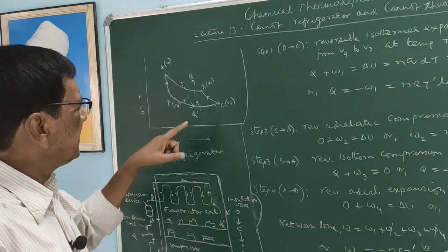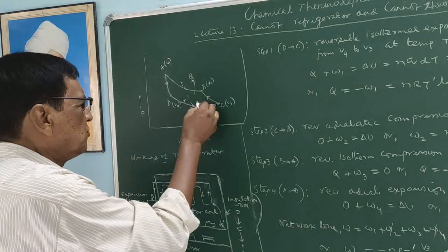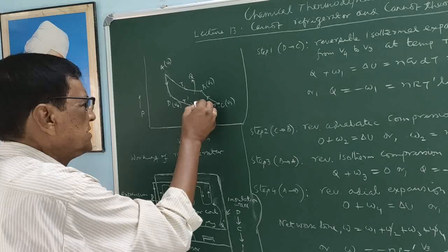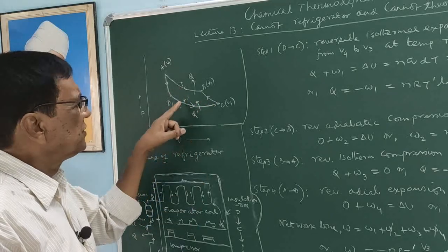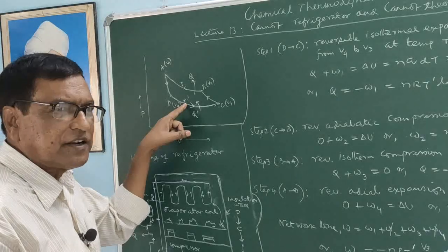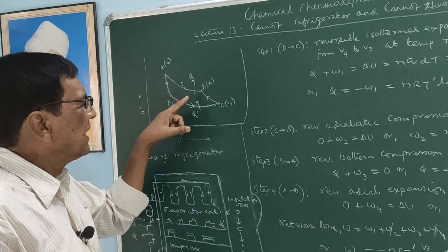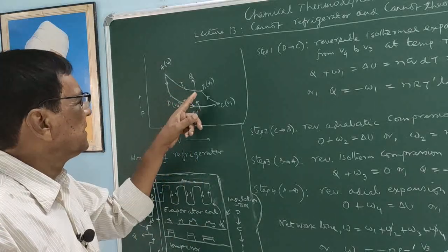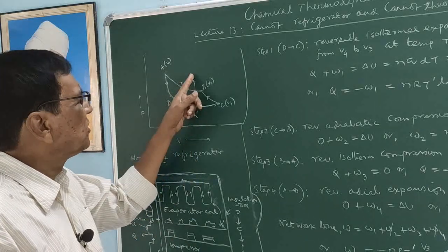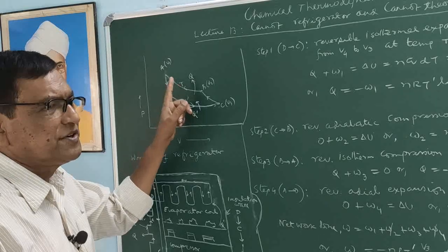Here Q dash amount of heat is taken by the refrigerator from the lower temperature reservoir T dash, and it rejects Q amount of heat at the high temperature T.